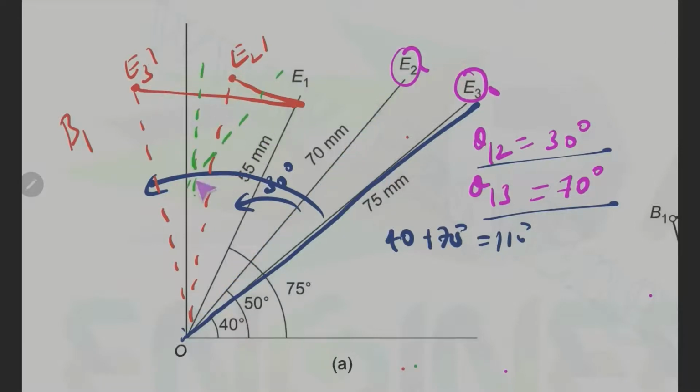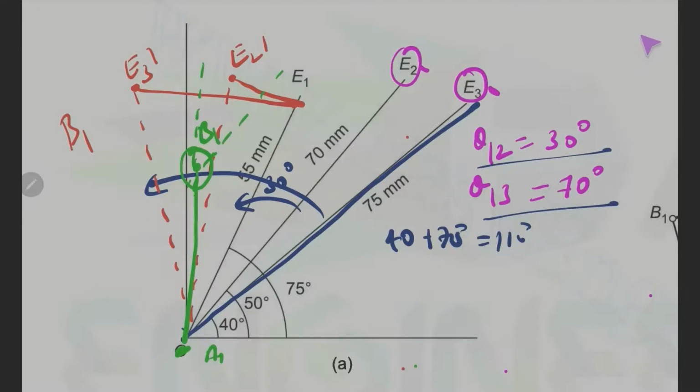The green lines here denote the perpendicular bisectors of both the lines E1 E3 dash and E1 E2 dash. They meet somewhere over here. This point will be our B dash. If we join O B dash, where O is nothing but our A1 here, that is A1 B1. So we found our first coupler link.